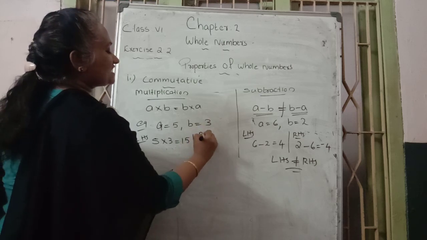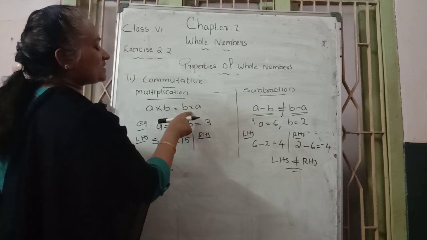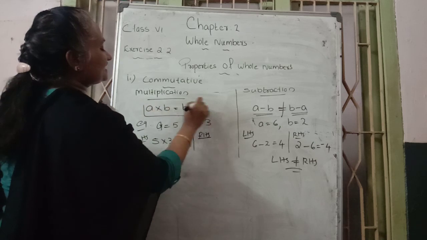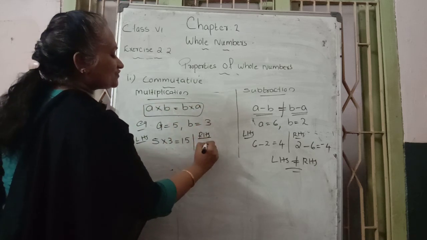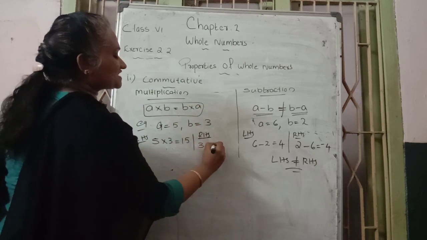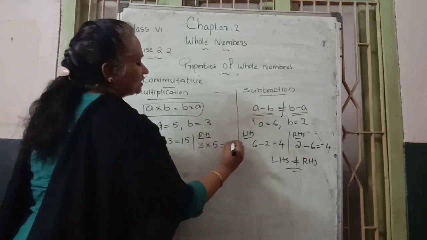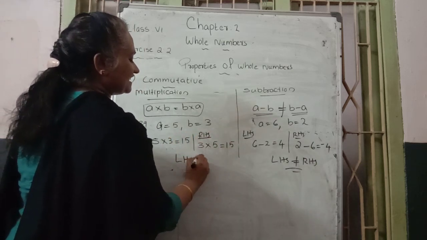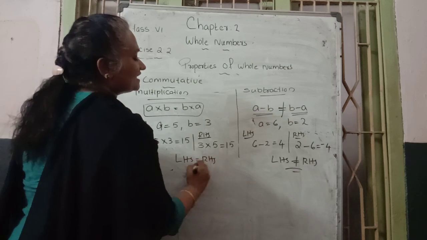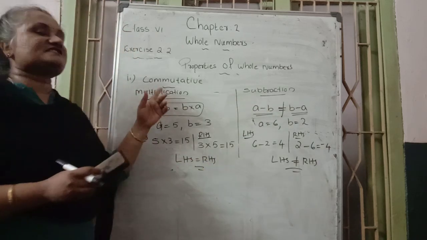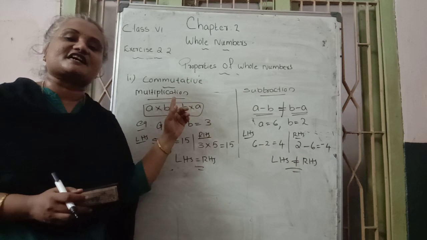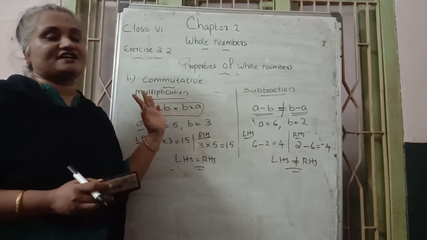Then the RHS part: b value is written first, that is 3, a value secondly, 5. 3 into 5 becomes 15. The same; the LHS answer and RHS answer are equal only. That's why we can say the commutativity property is satisfied under the multiplication case.